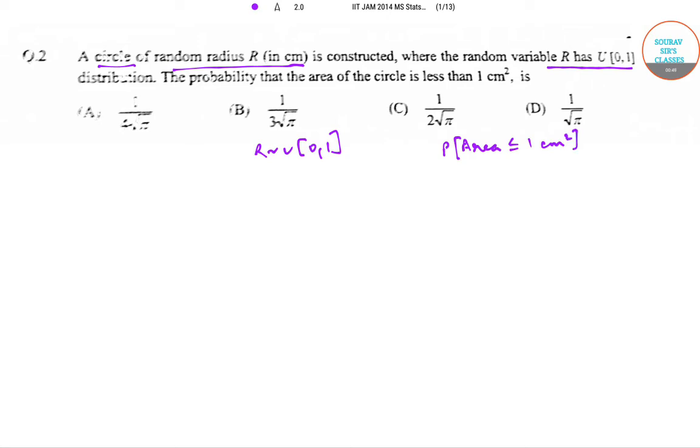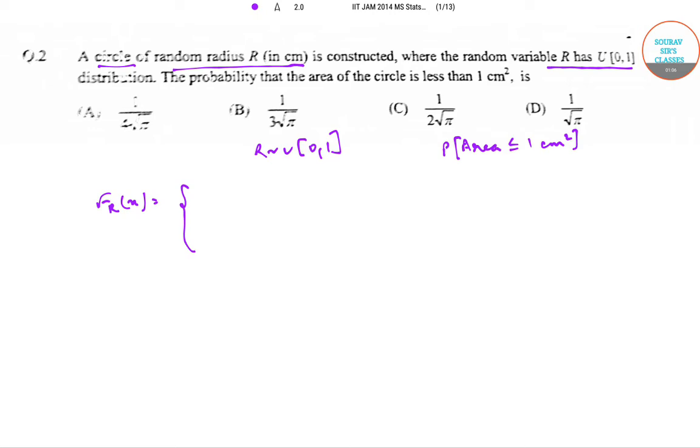So first let us write the cumulative distribution function of r. As I hope you would be accustomed with the cumulative distribution function of a uniform distribution.